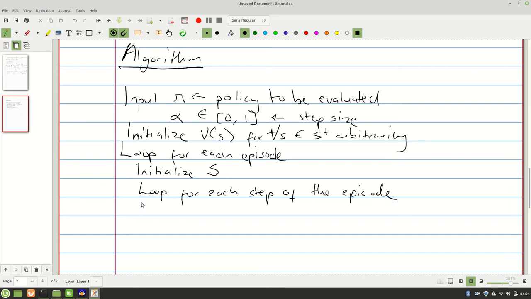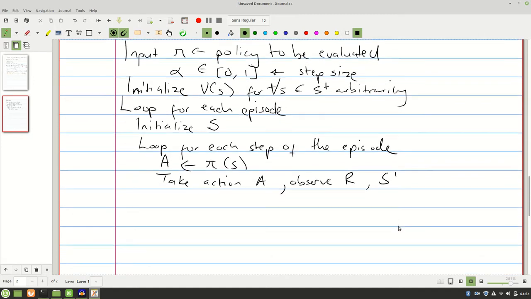Here we're going to define our action A to be equal to pi of S, because we're given the policy here. We take action A, and after taking action A, we observe our reward R and the future state S prime. These are the steps of the algorithm. After that, which is actually the core of this whole video, we look at the update rule.